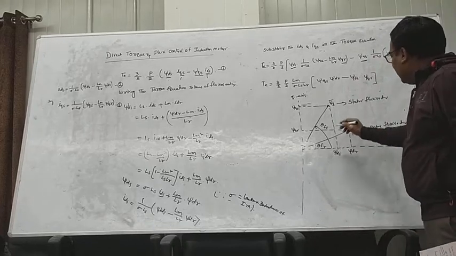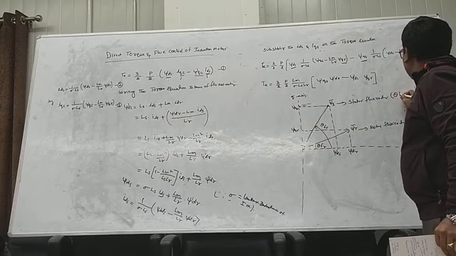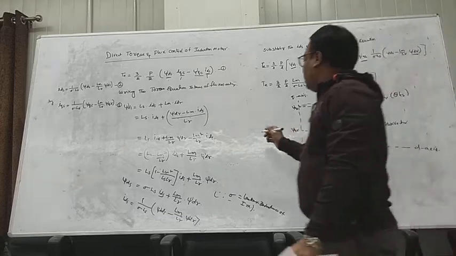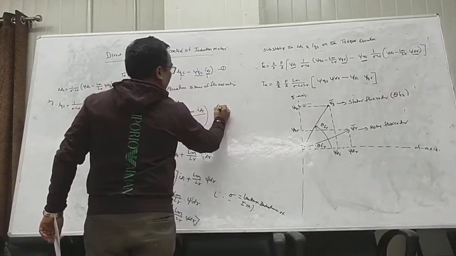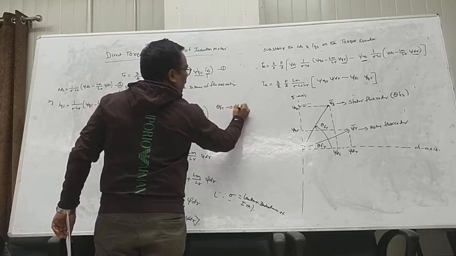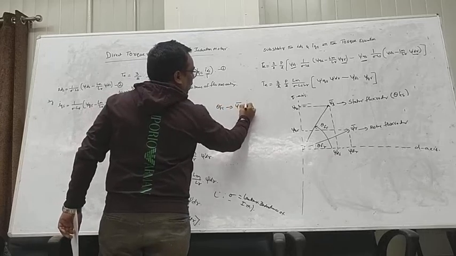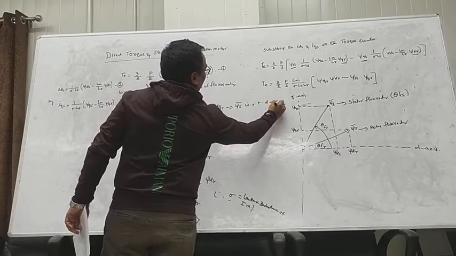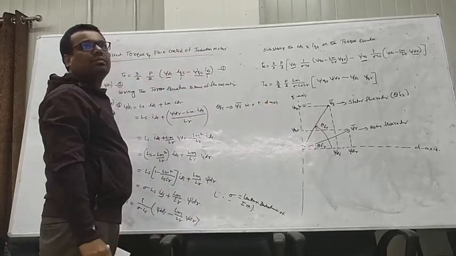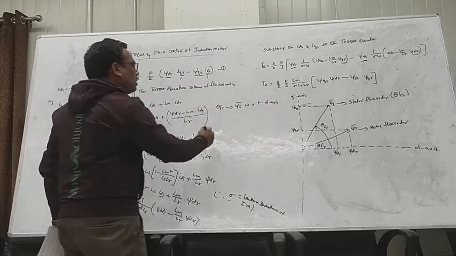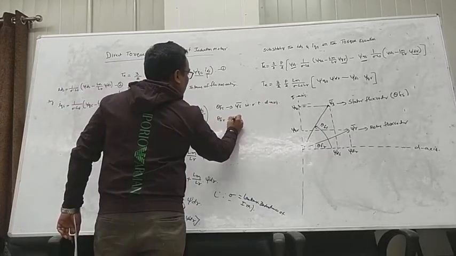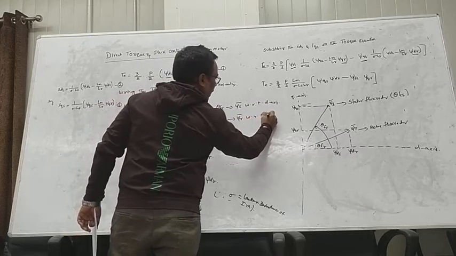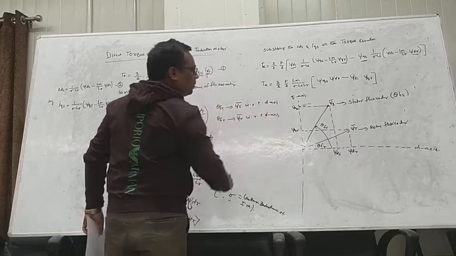Theta fs is the angle between psi s and the direct axis, the stationary axis, and theta fr is the angle between psi r and again the stationary d axis.